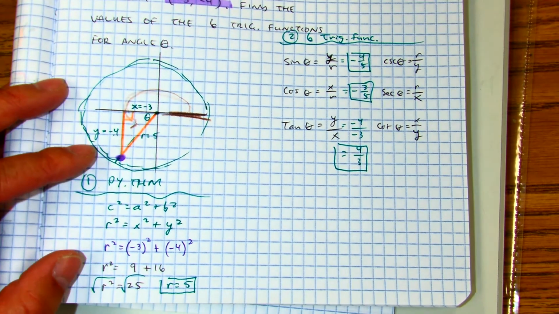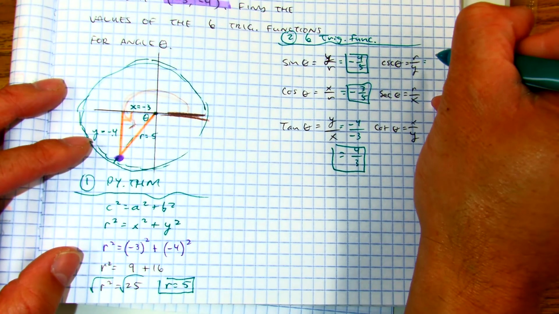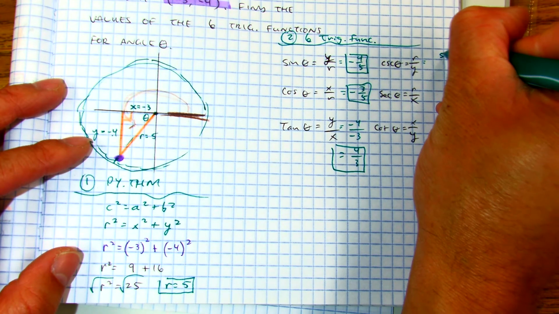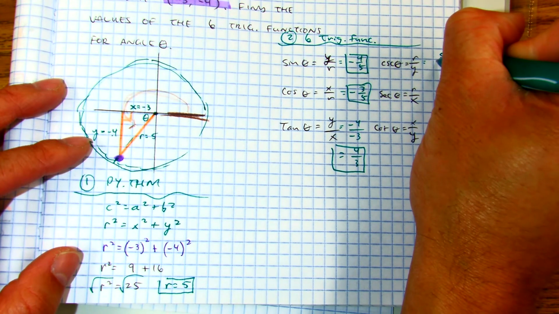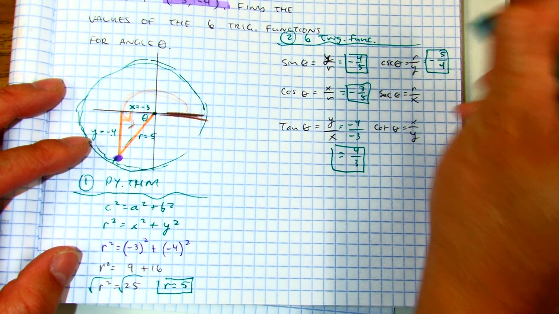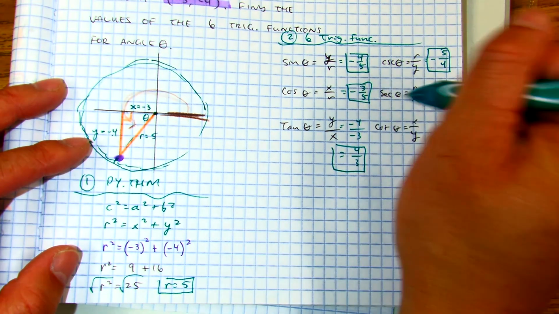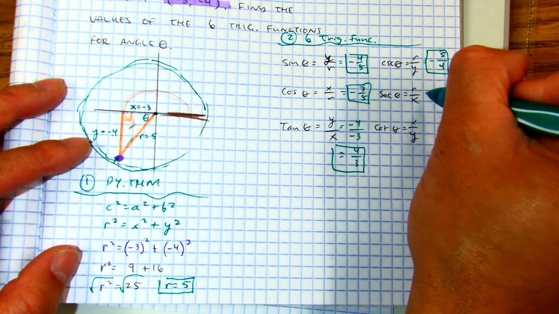Class, what is the r value over your y value? So this is going to be negative 5/4. Does that make sense? And remember, they're reciprocals, so you could just flip it. What is secant? Negative 5/3.